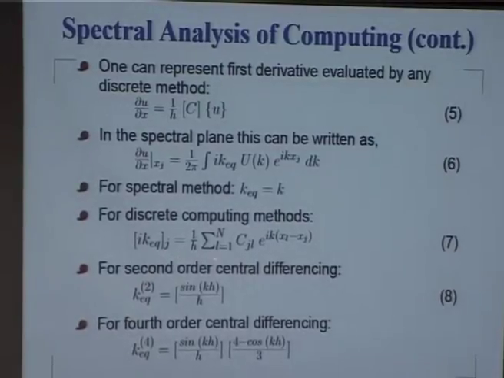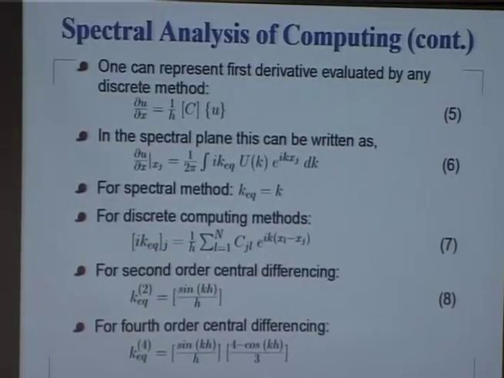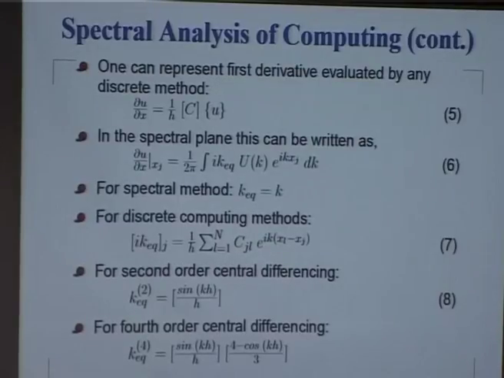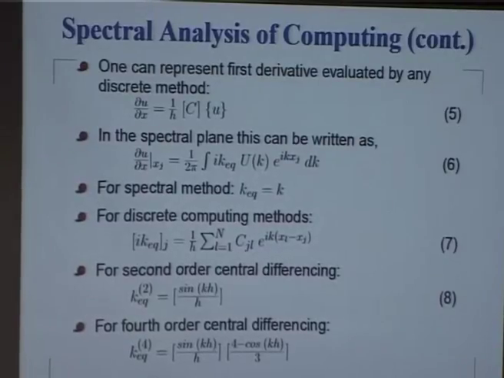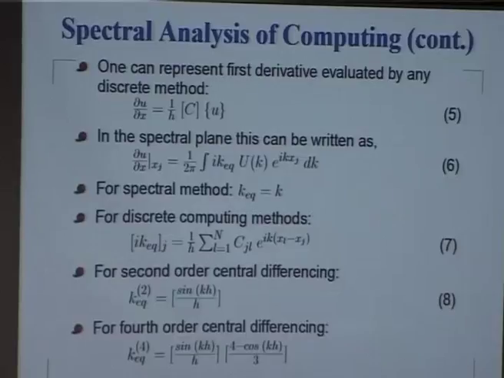Now, what you can do is work out this expression for i k equivalent from 5. See, what we have done here is written it in terms of j plus 1 and j minus 1 because of the particular stencil that we have chosen.